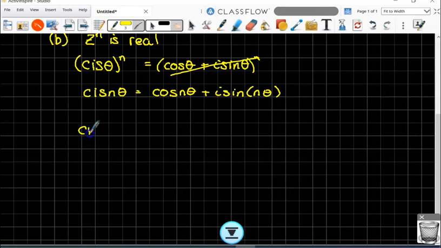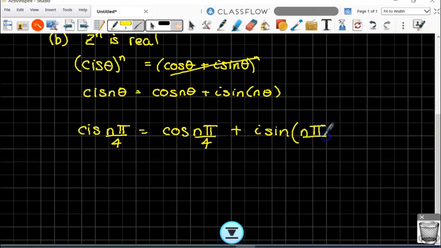So what did I just say? Cis n pi on 4. So according to this, that's going to be cos n pi on 4 plus i sine n pi on 4. That hurts me to write. Couldn't they use a different letter?